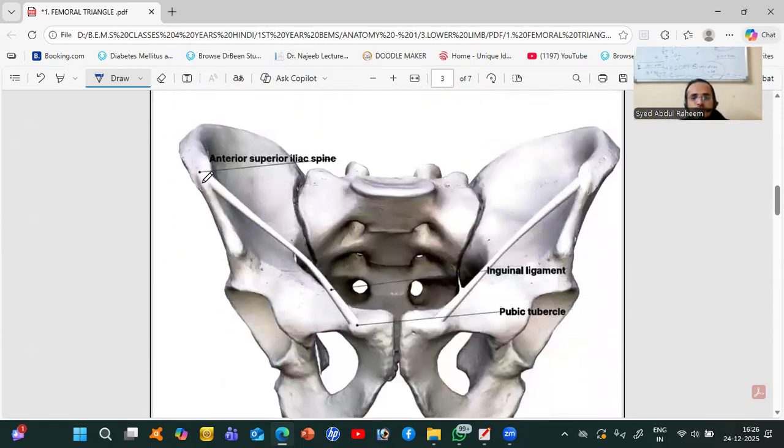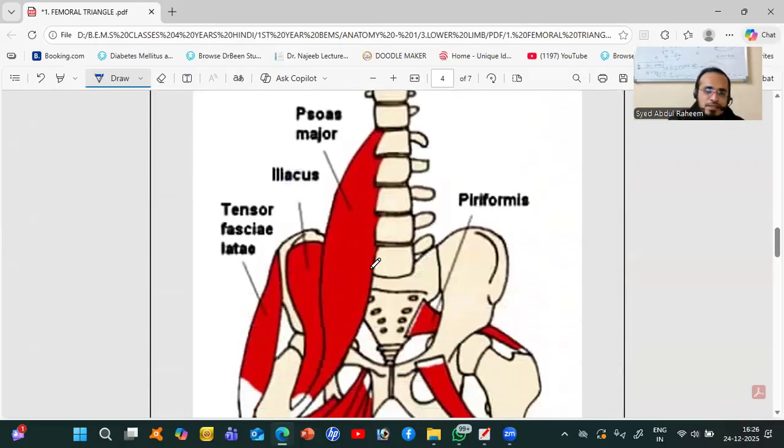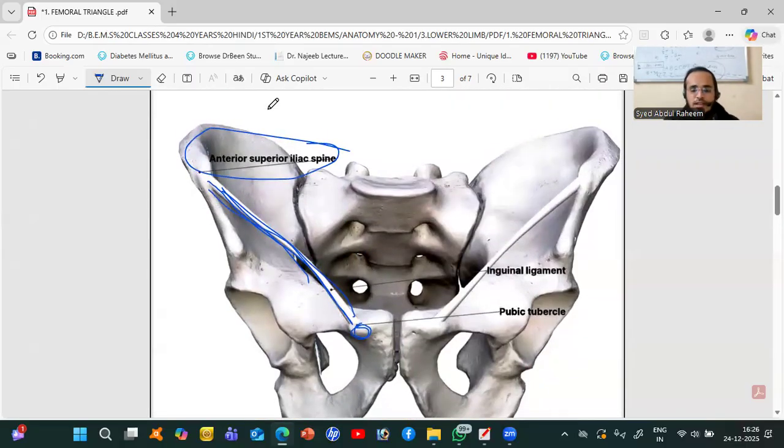Then this is called a ligament. It connects from the anterior superior iliac spine to the pubic tubercle. This is the inguinal ligament, very, very important, because an important structure goes here, which is named the femoral triangle.